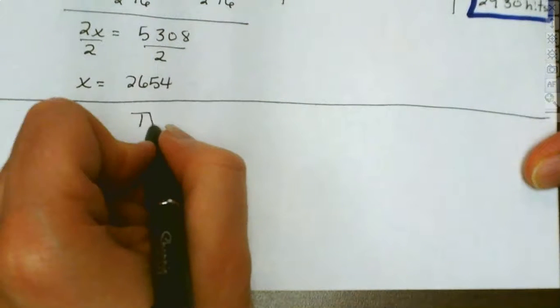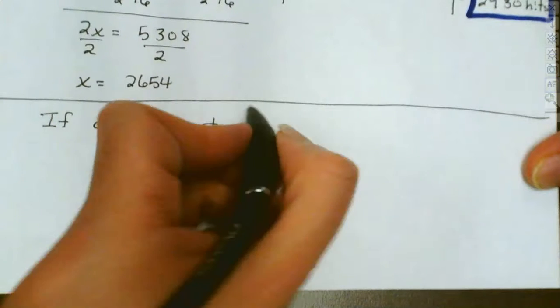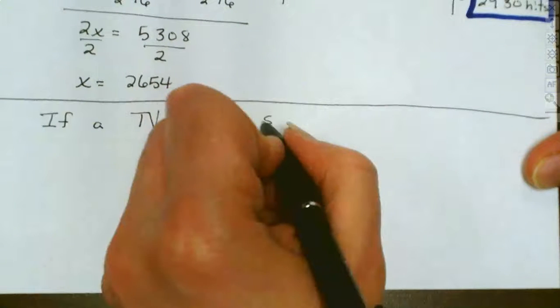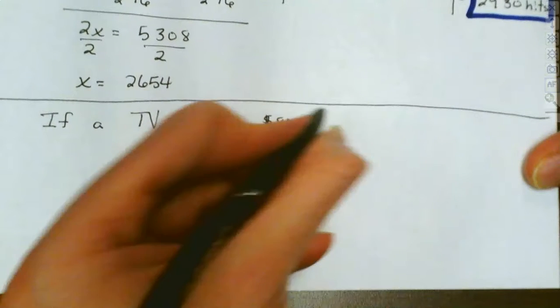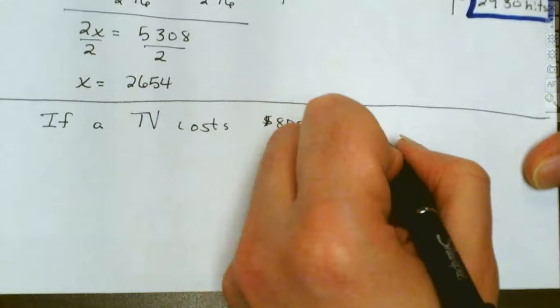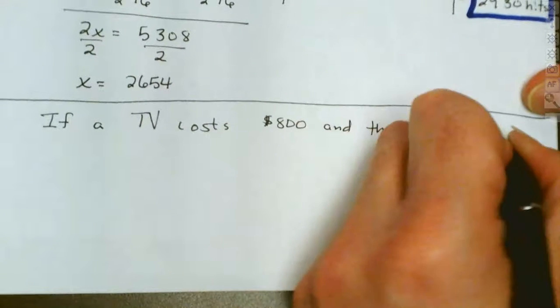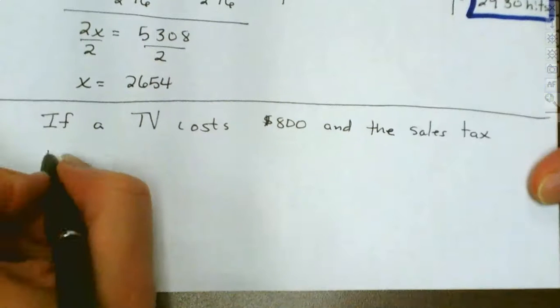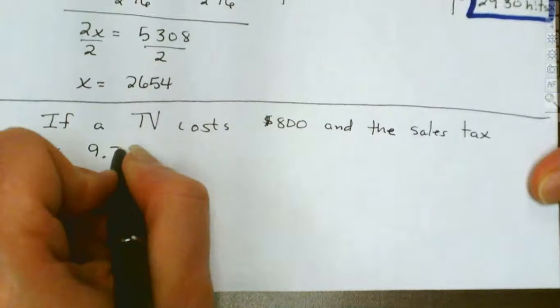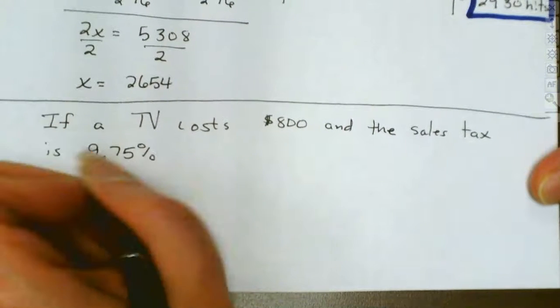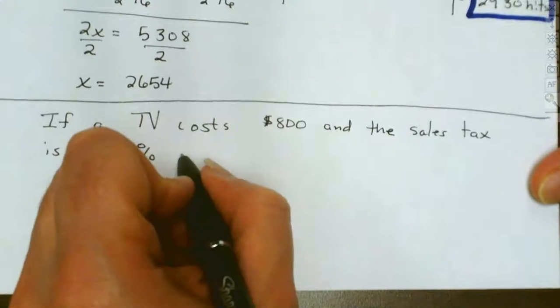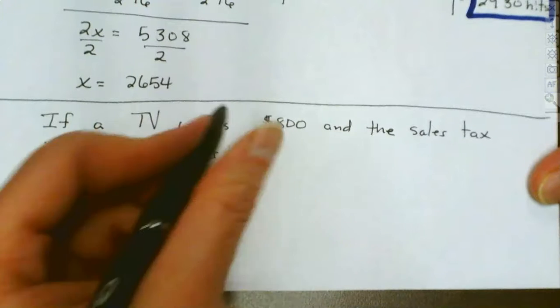If a TV costs, let's say, $800, and the sales tax is, let's say, 9.75%, what is the final price of the TV?